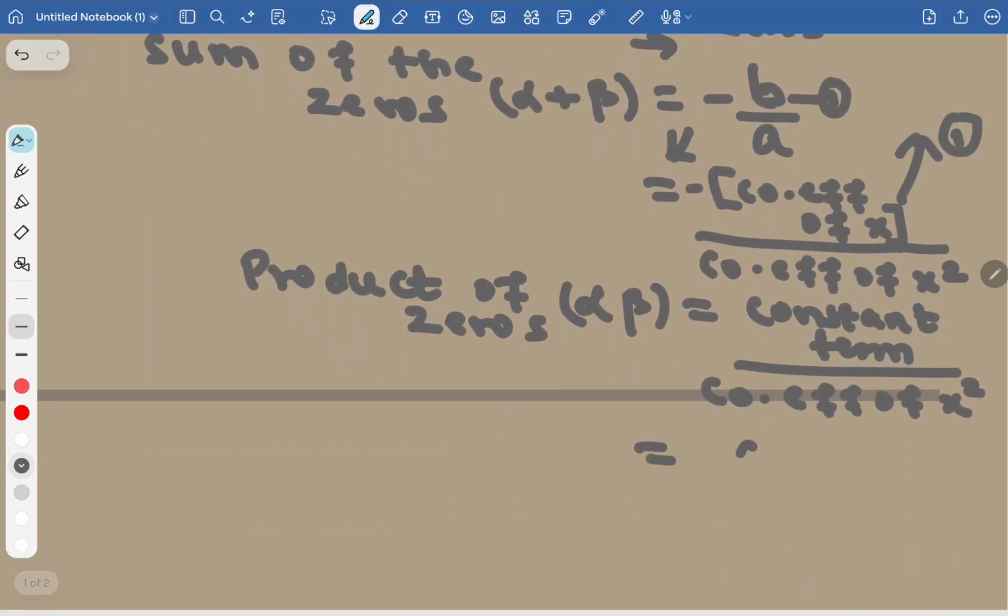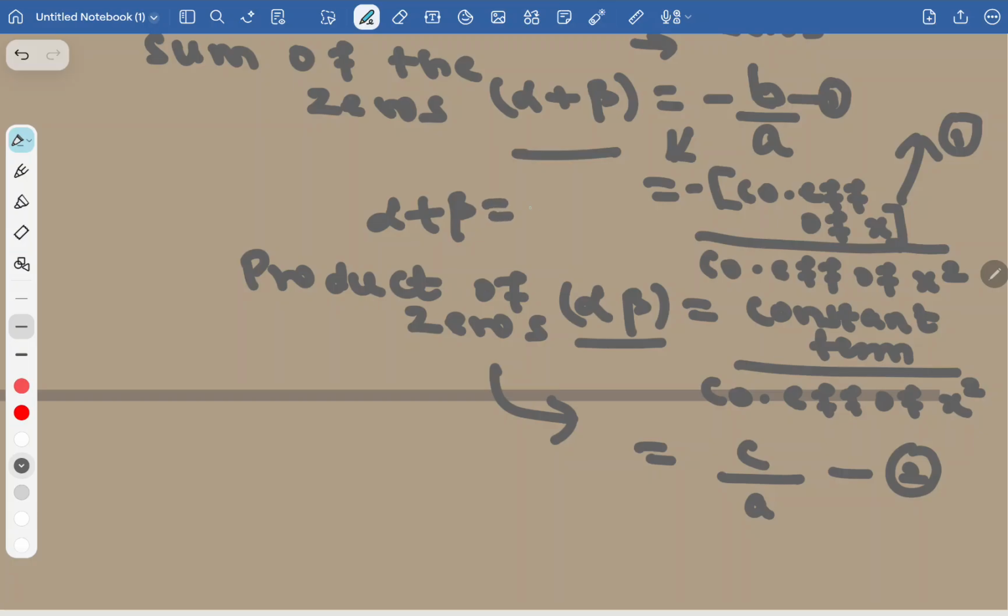Here constant term is c, x square coefficient is a. This is the second relation. First one sum of the zeros, second one product of the zeros: alpha plus beta is minus b by a, alpha beta is c by a.